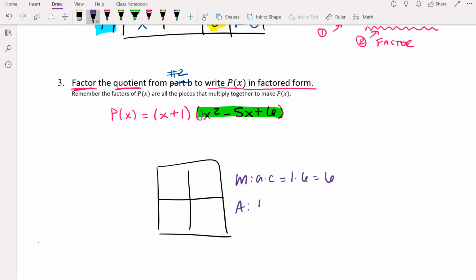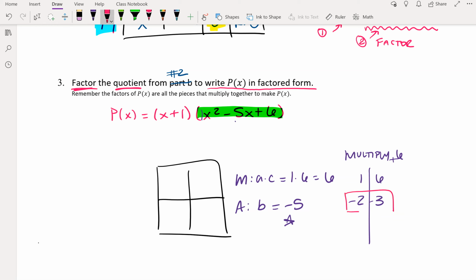We need to add to b, which equals -5. That's my b value, right? All right. So now I'm going to make my little table. Things that multiply to 6: we have 1 and 6. We have 2 and 3, and that's it, right? Which one of these can add up to -5? Well, we need it to multiply to +6, add to -5. So we're going to put negatives on the 2 and the 3, and those will be the two factors that we use.